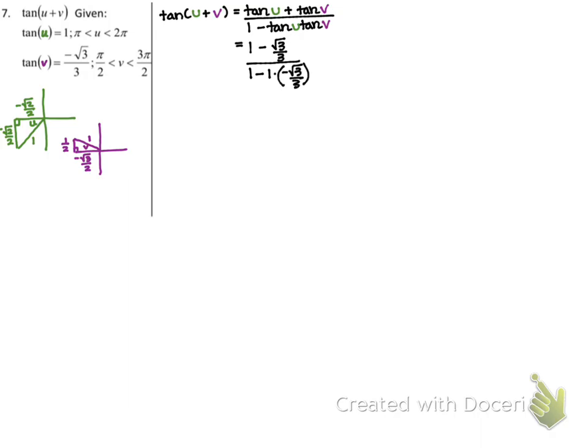Okay, this thing's a bit of a mess. We got to clean this up a little bit. So 1 minus root 3 over 3, and this one's going to be 1 plus root 3 over 3. I'm going to use techniques that we did before. So if I take a look at this, the denominator on the top is 3, so I'm going to multiply by 3 to eliminate that guy. And the denominator is 3.